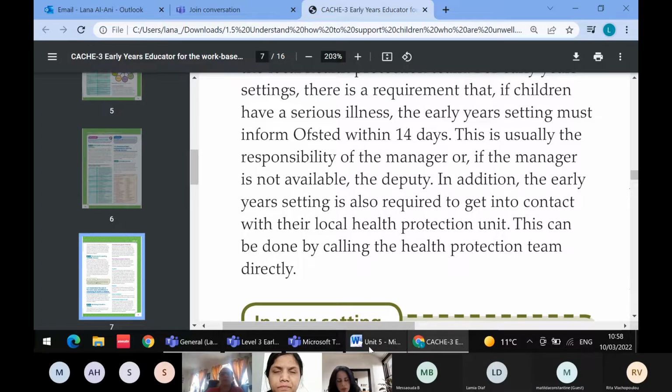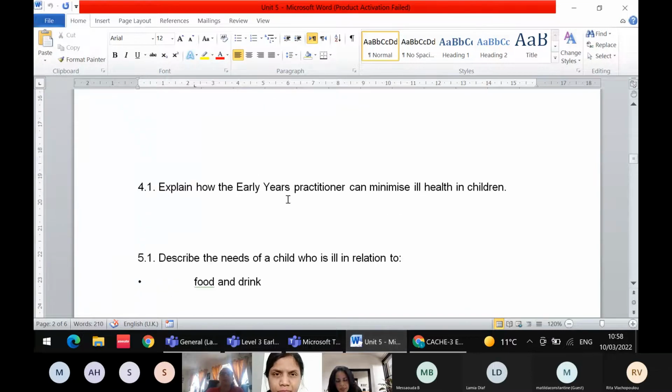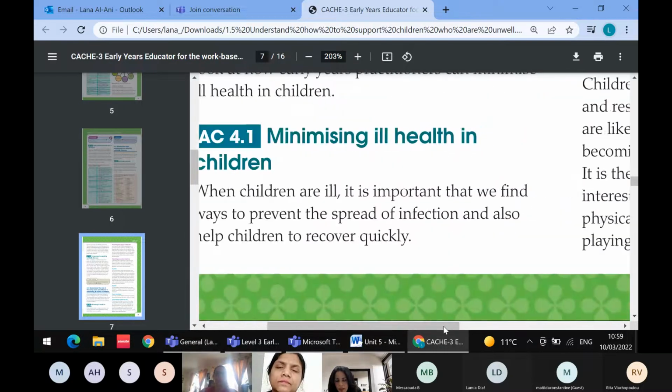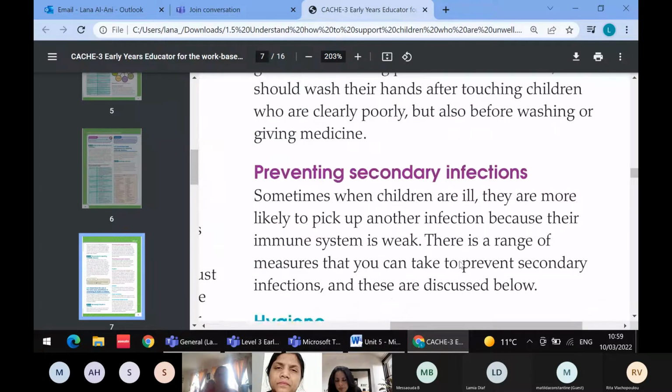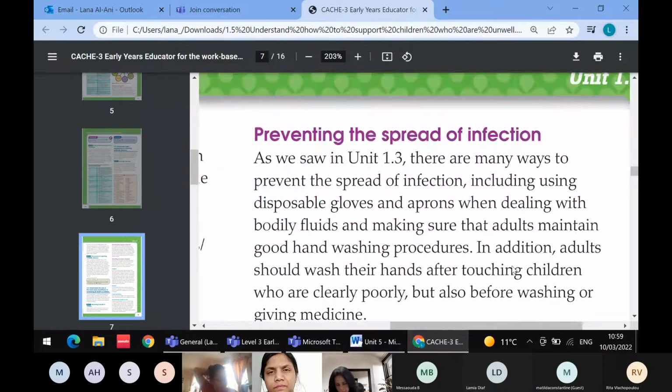Now question 4.1, explain how an early years practitioner can minimize ill health in children. So for you as a practitioner, how would you minimize child illness in your nursery?